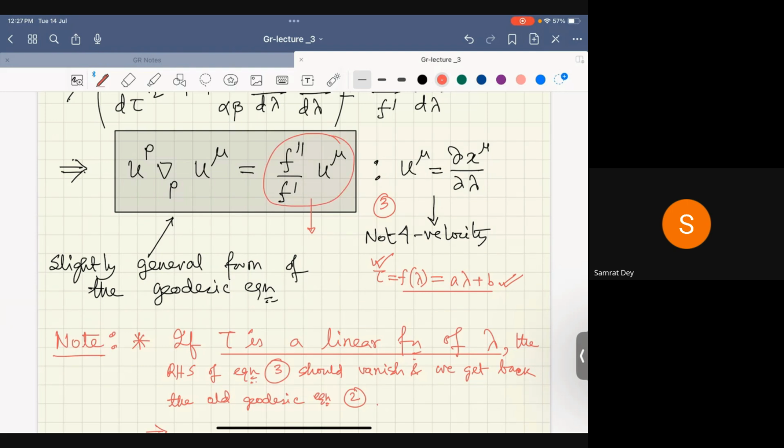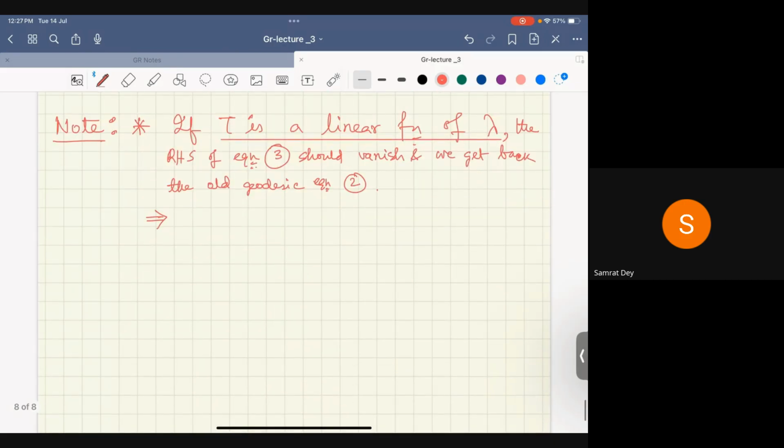This goes to 0. So this implies that there may be a class, a set of parameters, or class of parameters related to each other by linear transformations which preserves the form of the geodesic equation.